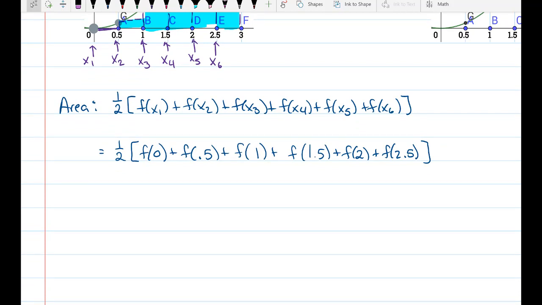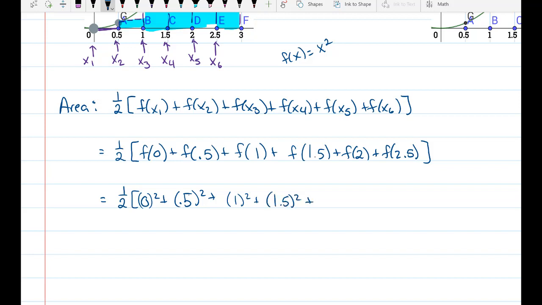So remember that f of x is equal to x squared. Technically it's f of t, but the variable really doesn't matter too much. So you get 1/2 times 0 squared plus 0.5 squared plus 1 squared plus 1.5 squared plus 2 squared plus 2.5 squared.